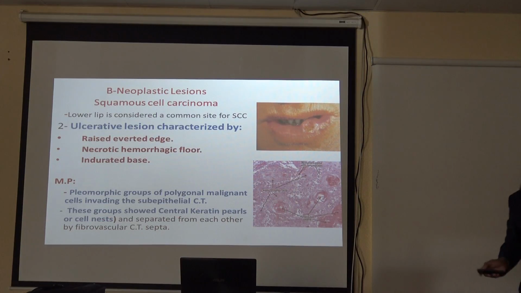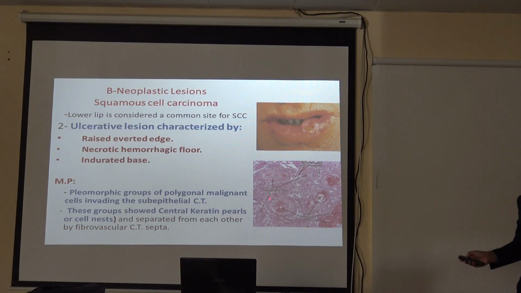Look at this. Under the microscope, you will see these rounded lesions. Okay, pearls. What is a pearl? I think you call it lulu in Arabic.